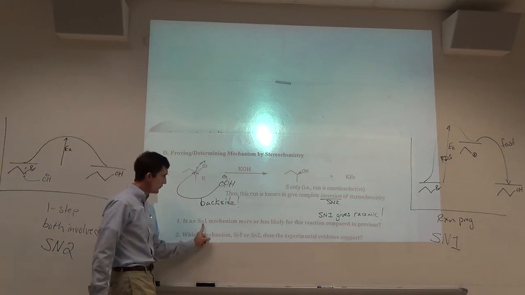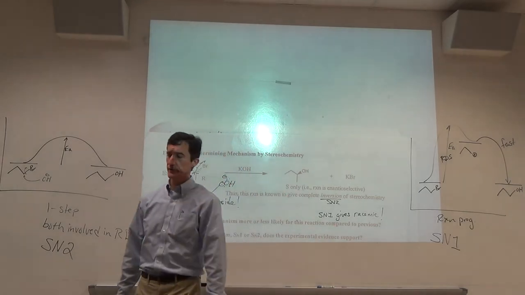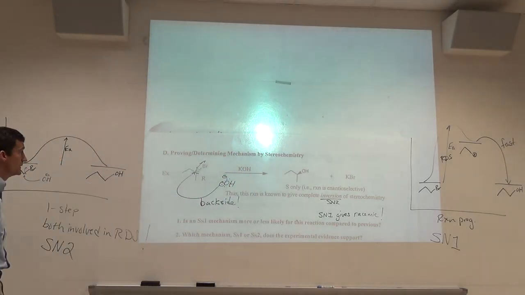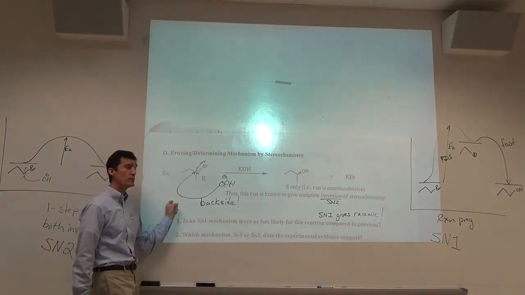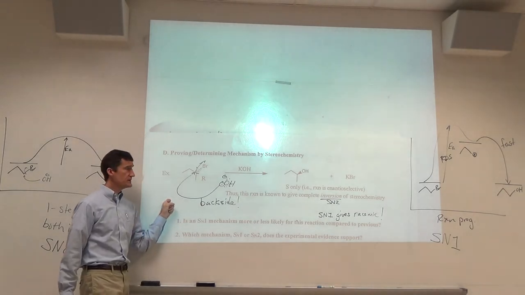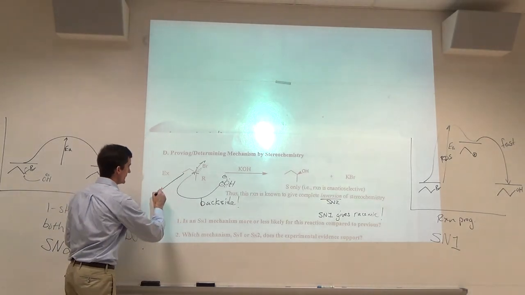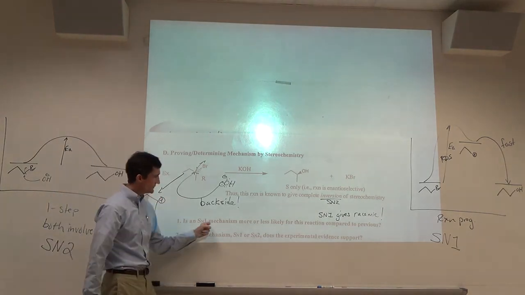Question though, is SN1 more or less likely for this reaction compared to the previous example reaction? If we did SN1 here, what does SN1 involve? First step? Ionization. What type of cation would we make if it ionized? Secondary.